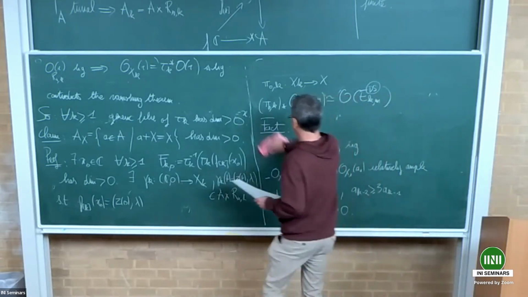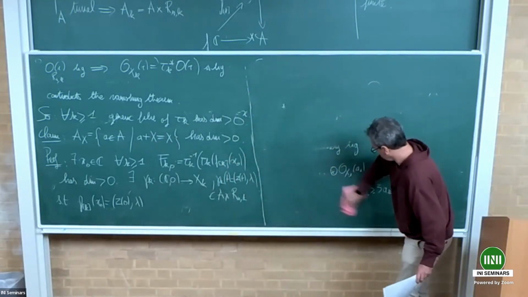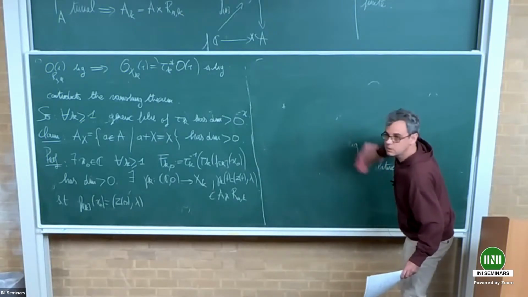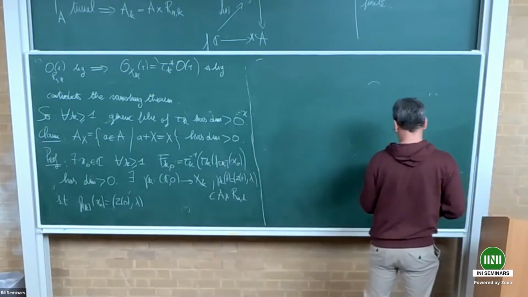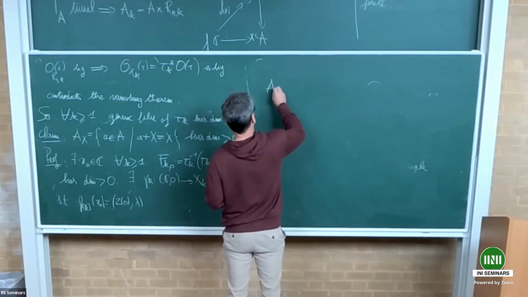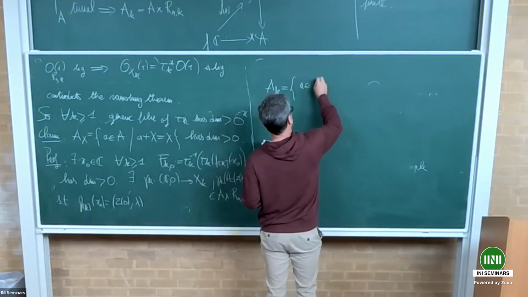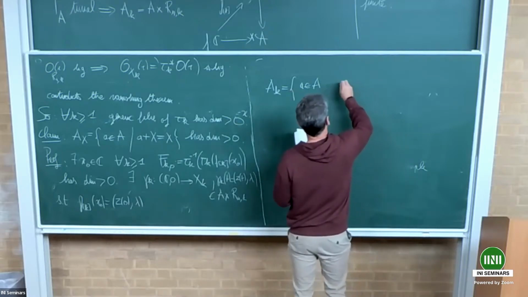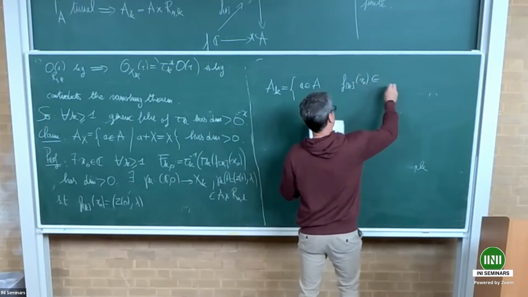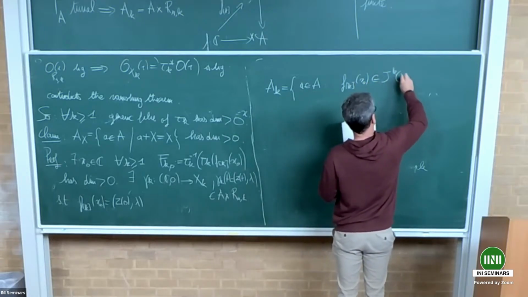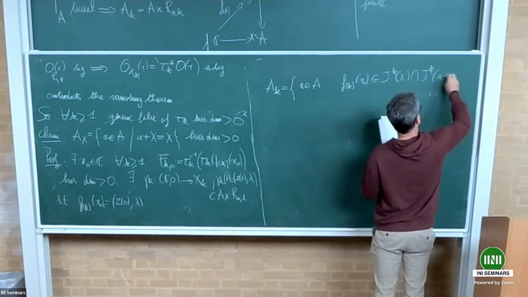And now we will just use a Noetherian argument. So you just consider the following set of elements a in A such that this, of course, belongs to the k-jet of X, but also to the k-jet of the translate.